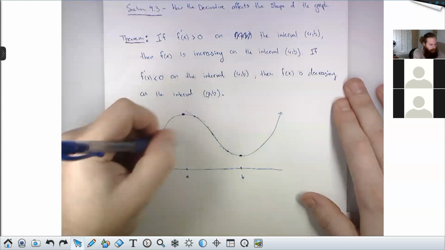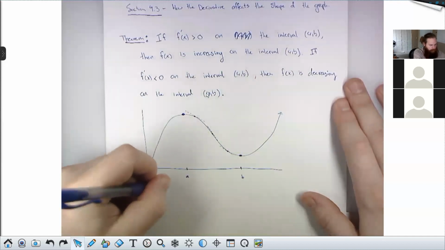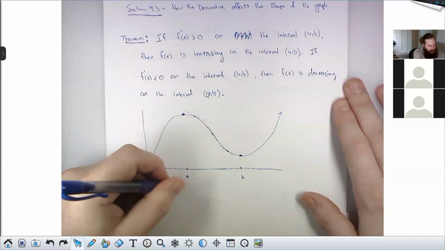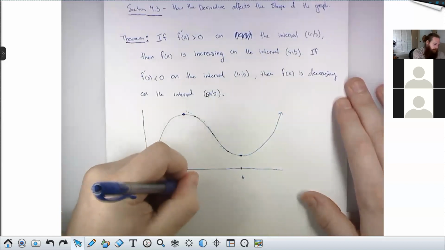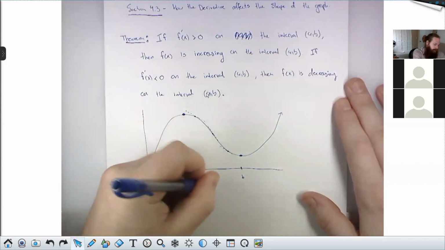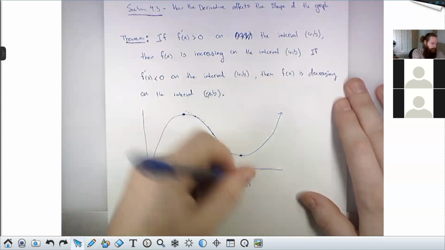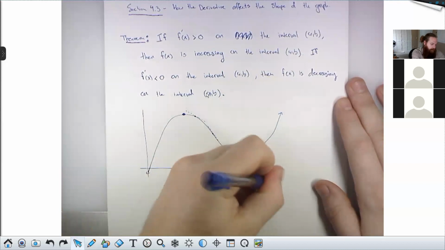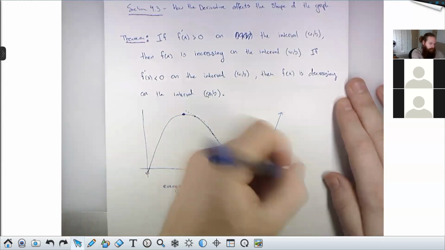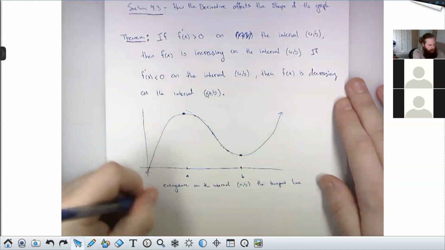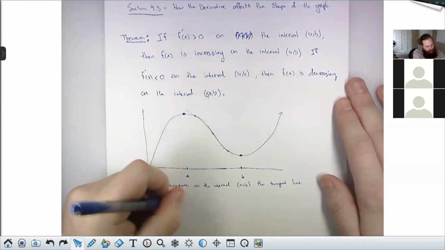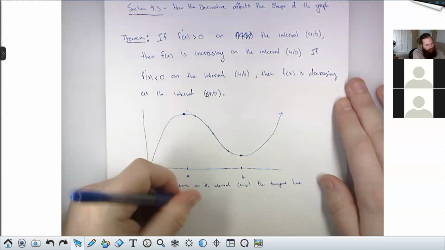So here, everywhere on the interval a to b, the tangent line has negative slope.